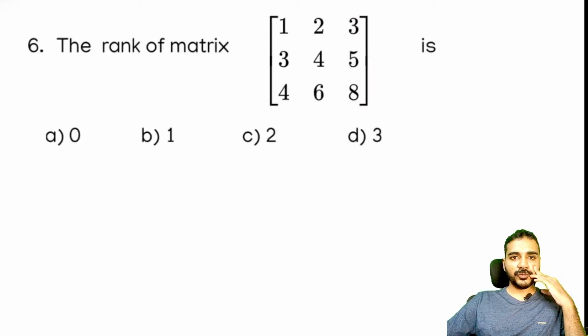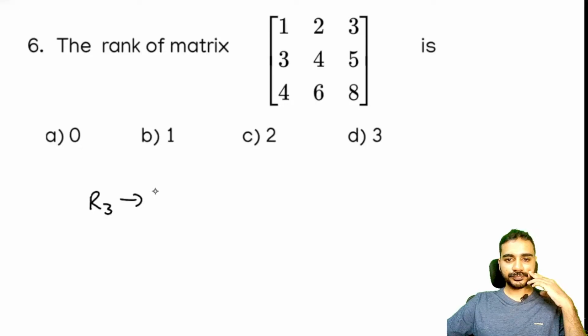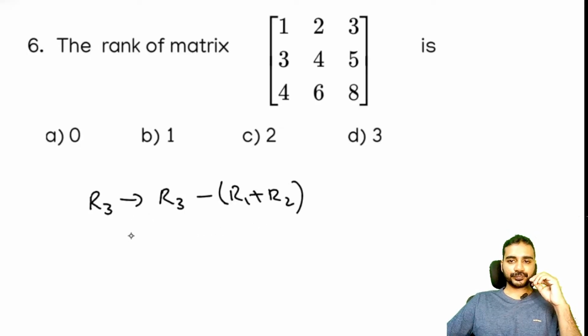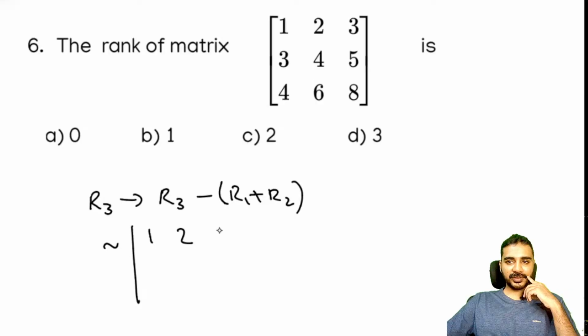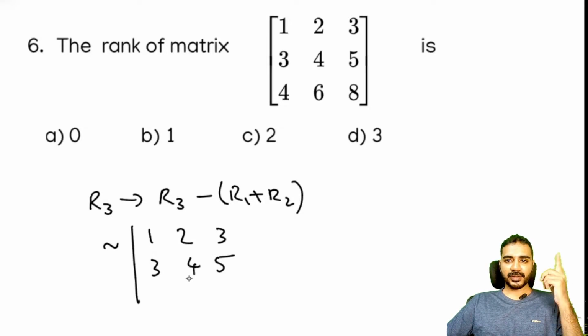So we can do one operation like R3 equal to R3 minus R1 plus R2. If we do this, the equivalent matrix becomes: the first row remains the same, second row also remains the same, third row becomes 4 minus 3 plus 1, that is 0. 6 minus 4 plus 2, that is 0. 8 minus 5 plus 3, that is also 0.